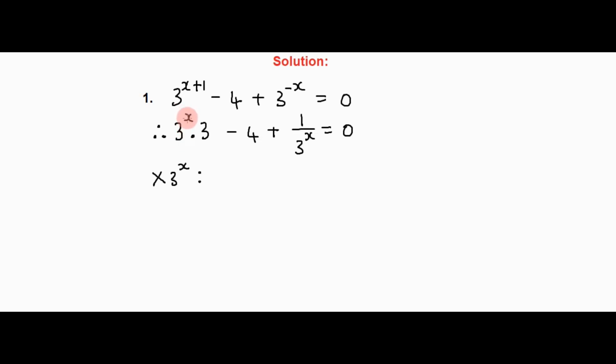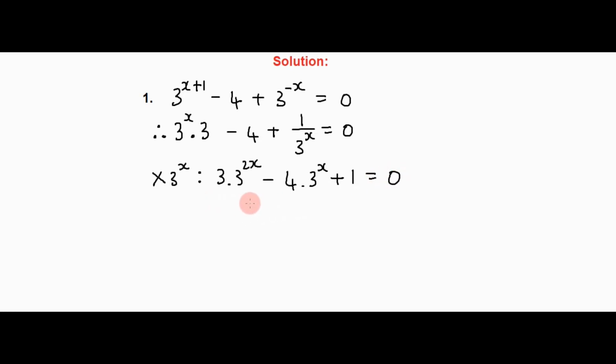So we have 3 to the x times 3 to the x is 3 to the 2x. So from the first term, we're going to get this 3 here, times 3 to the 2x, when we add the powers here. Then minus 4 times 3 to the x plus 1 equals 0.